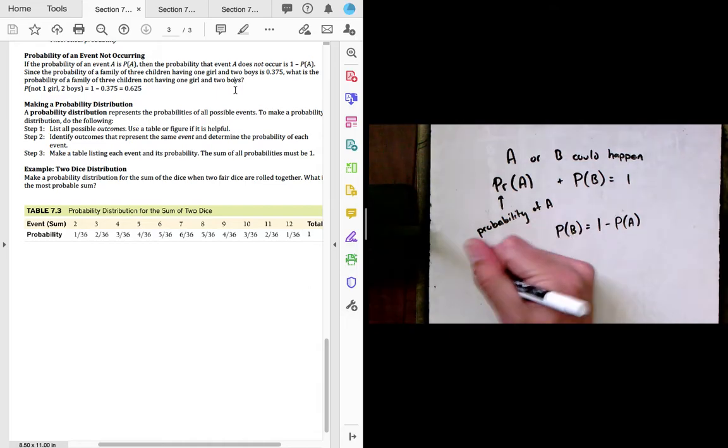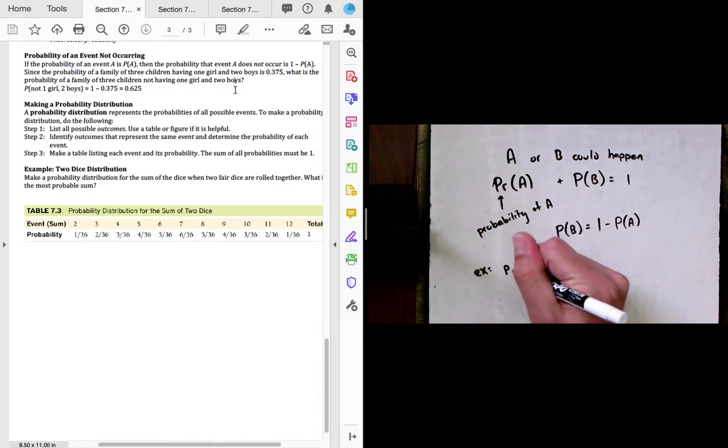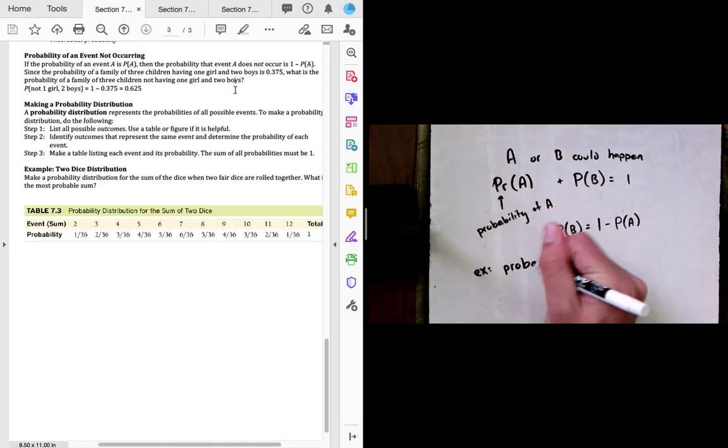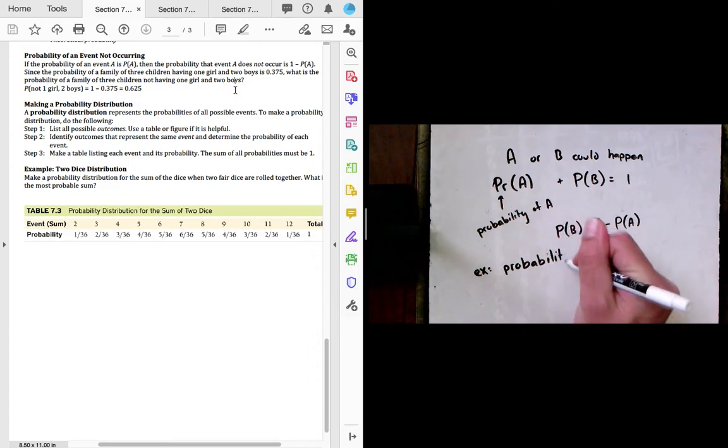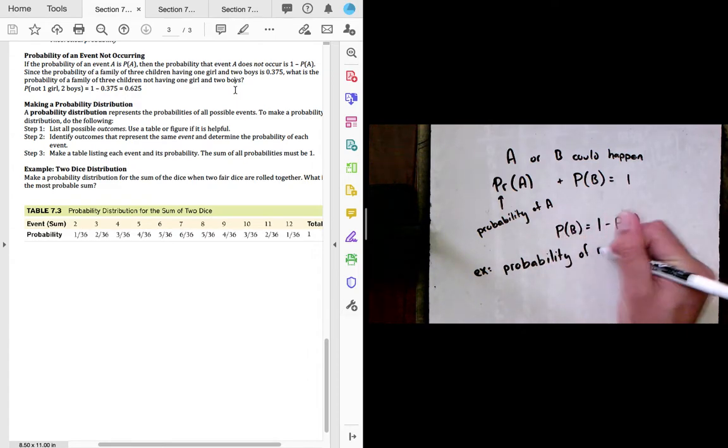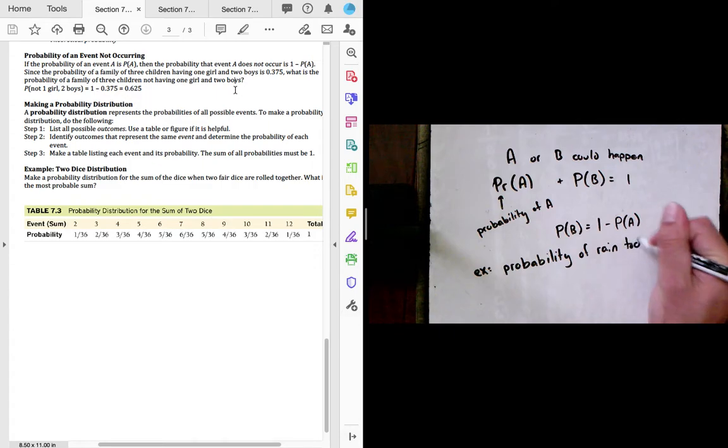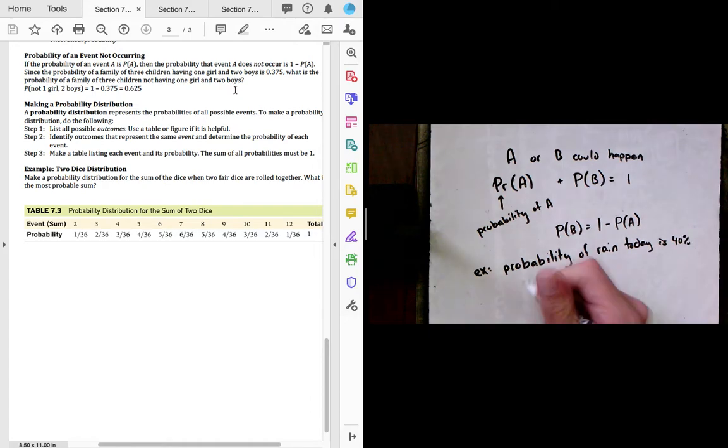Here's an example. The probability of rain today is 40%. This means the probability of A is equal to 0.4.